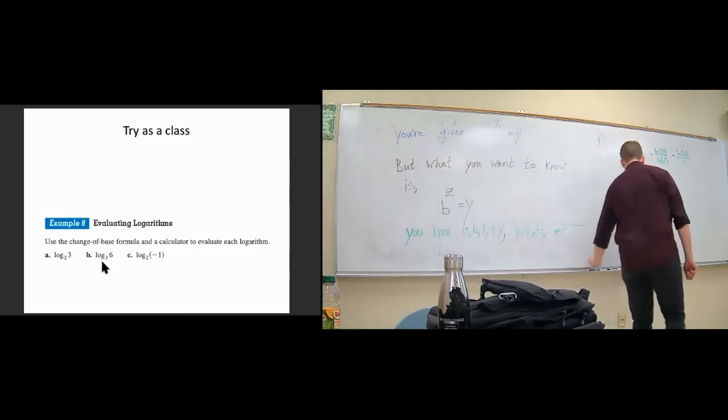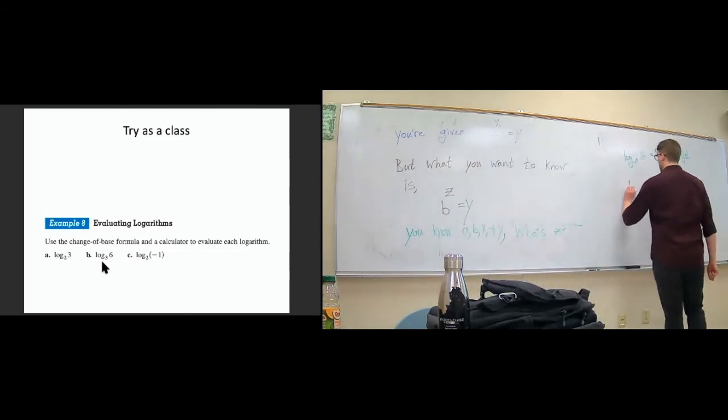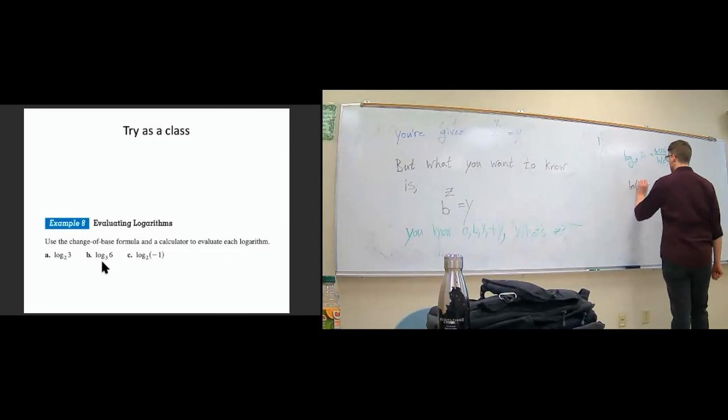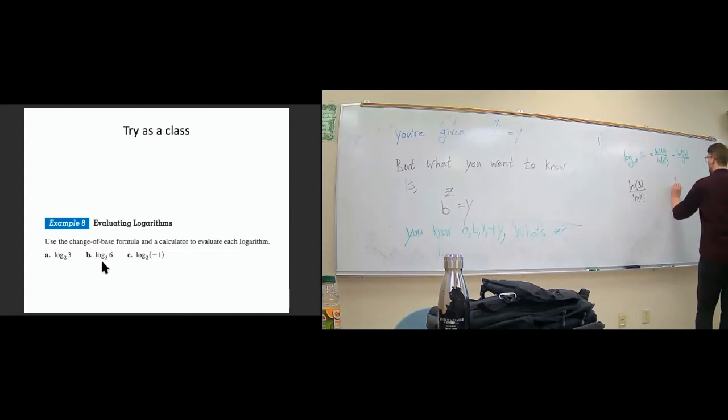The other two are going to be the ln of 3 divided by the ln of 2 and the ln of 6 divided by the ln of 3.